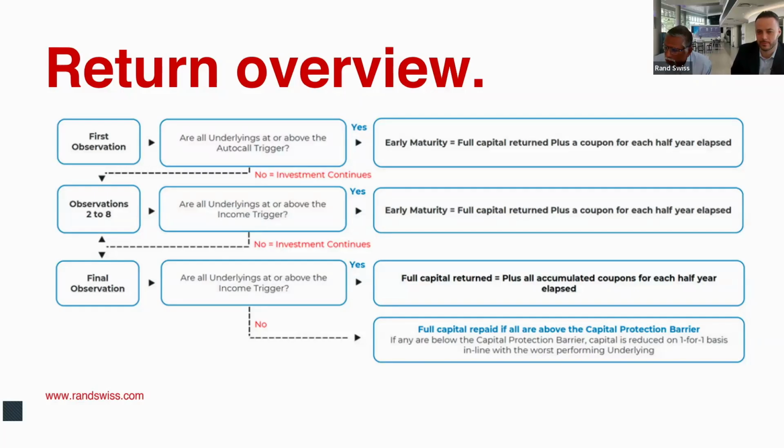And if it's not the case, let's just say one of them is down, okay? We do the next period. Again, all three positive, we stop the match, give you money back. But because you've had 1.5 years, it's 1.5 times 12, which is 18. Carry on. Every single 6-month period, we do the same thing.